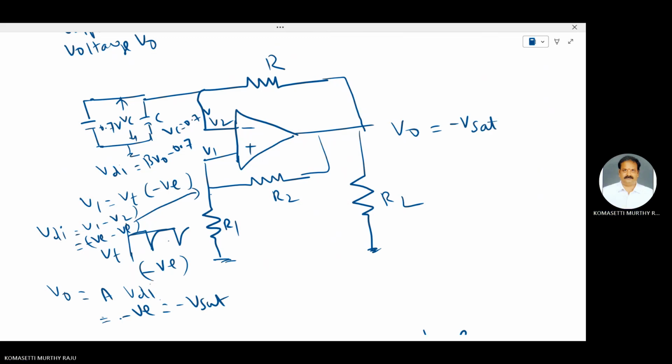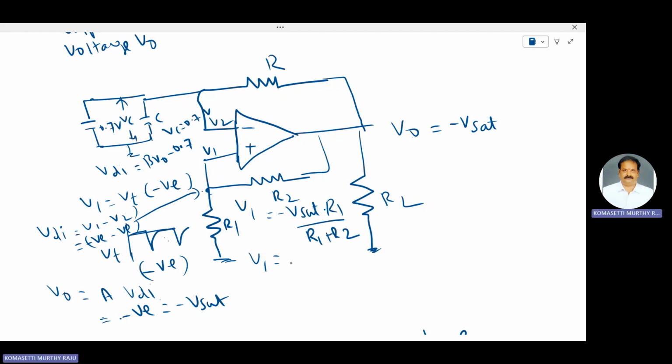Due to that, the triggering pulse is applied. Now find out the voltage at this point. Previously V1 is here, and a negative triggering pulse is applied here. Now V1 is equal to minus Vsat into R1 by R1 plus R2, since the output voltage V0 is minus Vsat. That negative going voltage overrides this voltage V1.